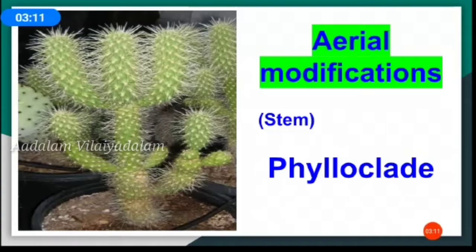The next modification of the stem is subaerial modification. In this modification, stems of the plants grow horizontally on the surface of the soil for the purpose of reproduction.